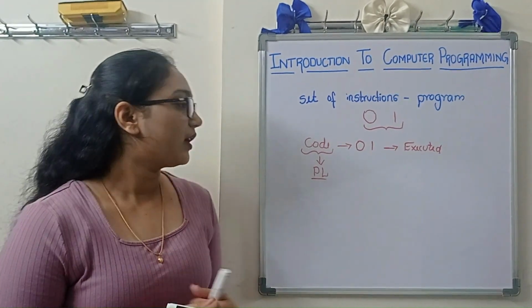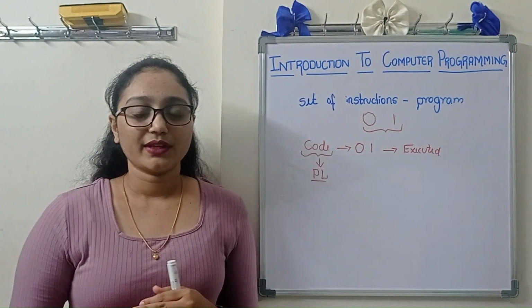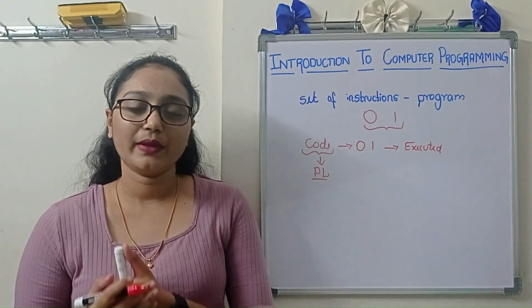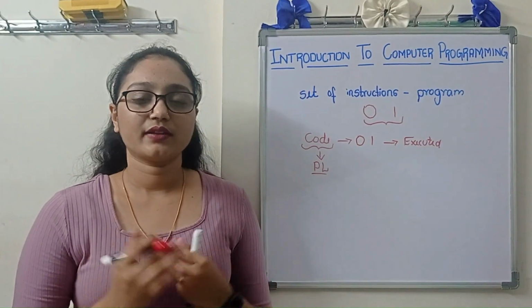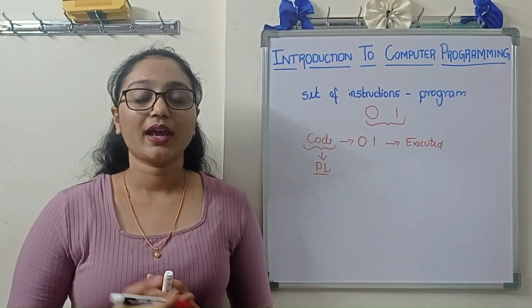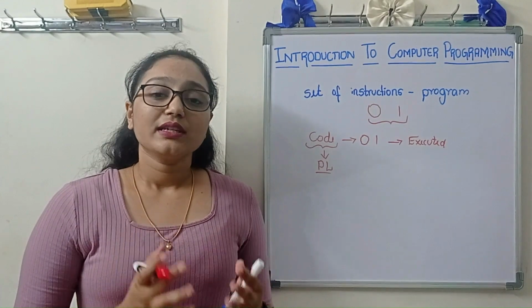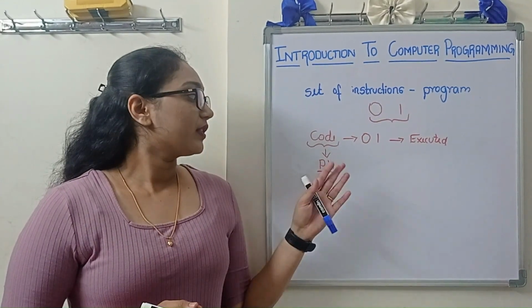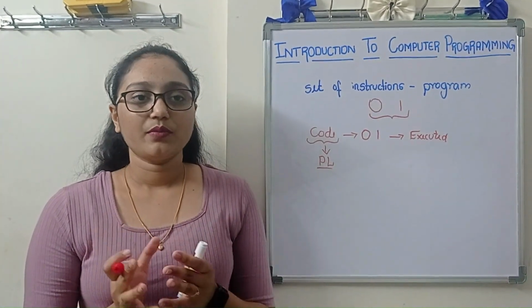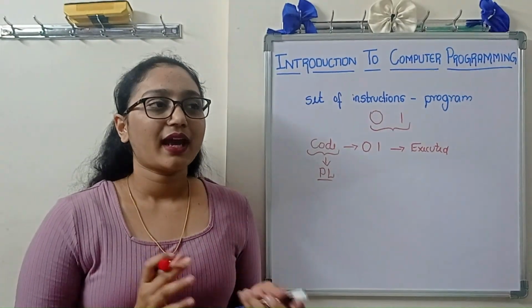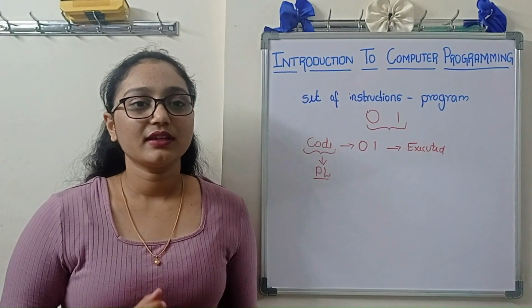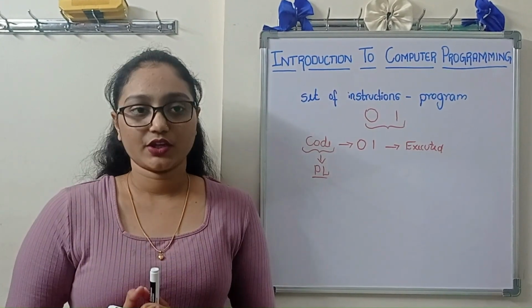In a similar way, to learn any programming language, first we need to learn the basics, for example, syntaxes, character set, data types and many other things. Syntaxes means the set of rules which we use to write a program, and character set, data types, these things we'll learn in the upcoming sessions.